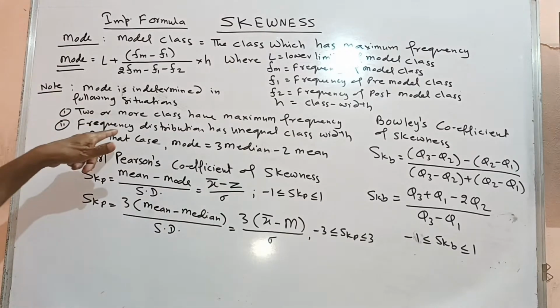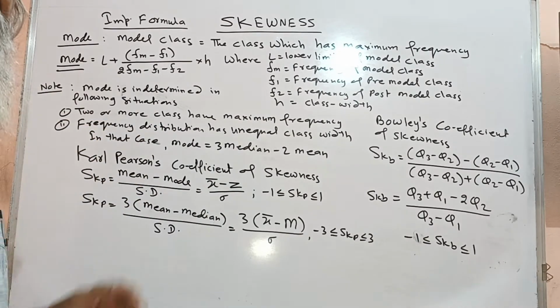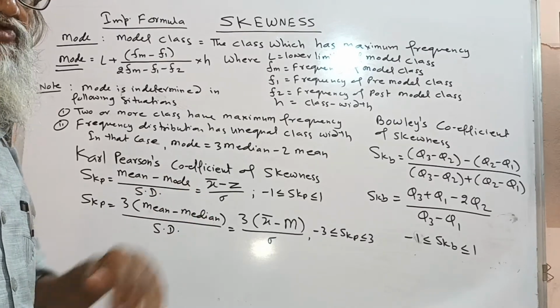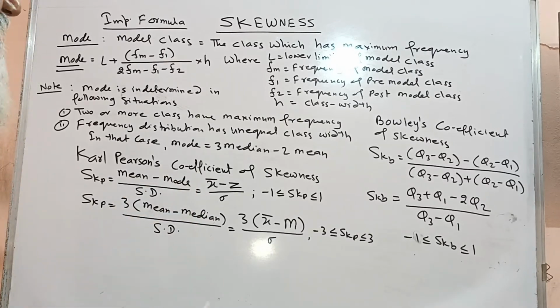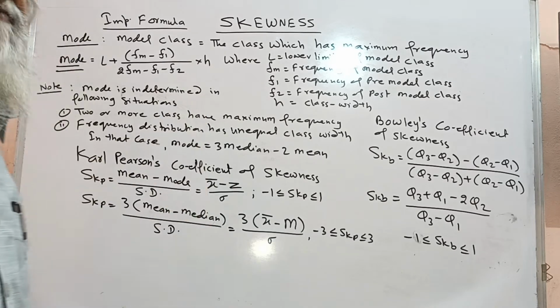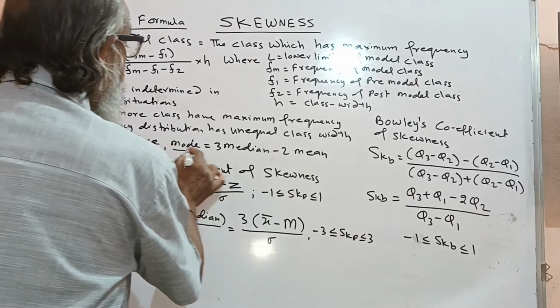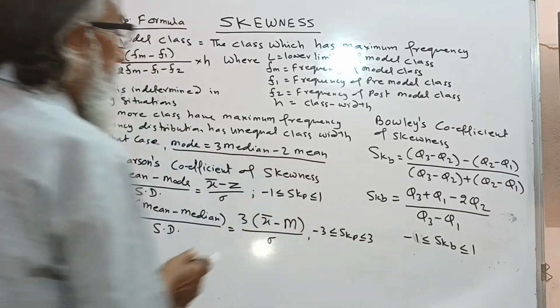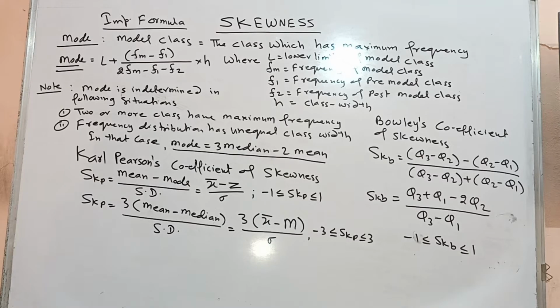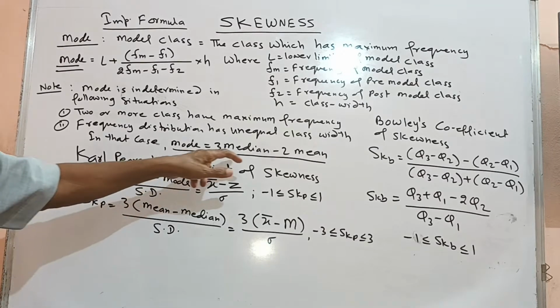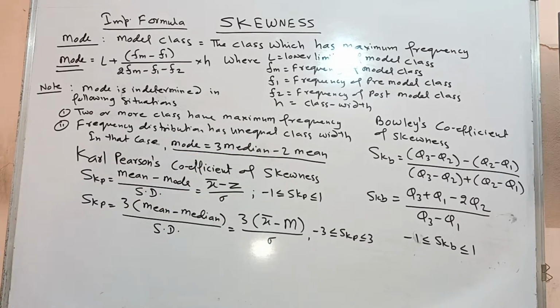Second one is when the frequency distribution has unequal width. So if it has unequal width, then what h should be taken? In that case, we go with this formula. Mode is equal to 3 median minus 2 mean.